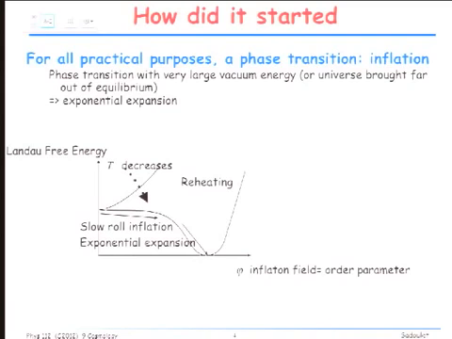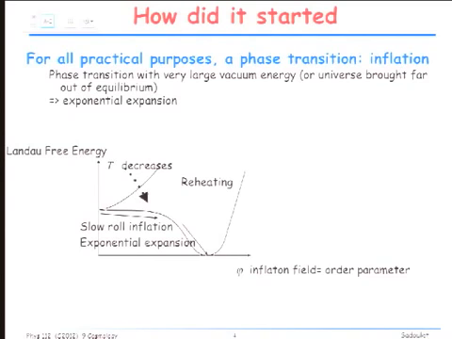It is not something that we know for a fact has happened, but we believe, for reasons that I will come into, that we had a phase transition in the early universe where, as a function of the order parameter, which for quantum theories are fields, the Landau free energy at high temperature has its minimum with this field being at 0, okay, and then suddenly when the temperature decreases, this potential changes, and you begin to develop a minimum, and suddenly the universe wants to go from here, where this inflaton field is 0, to a finite value of the field.